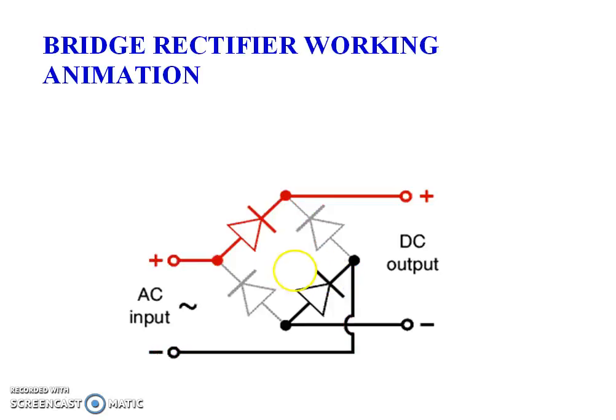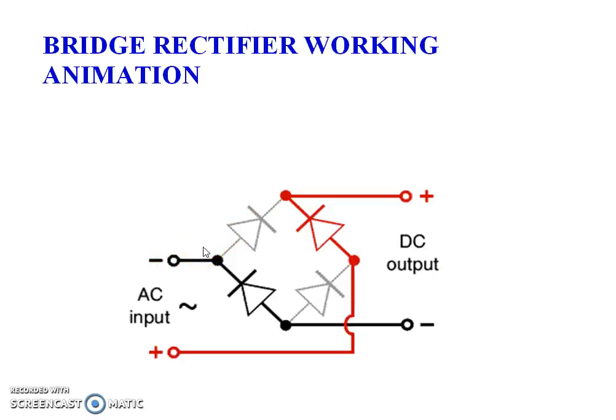During a positive half cycle, this diode D1 and this diode D3, these two diodes are forward biased, and this helps you get the output that you're getting here. So the positive half cycle comes at the output.